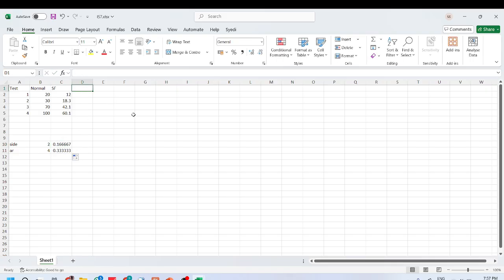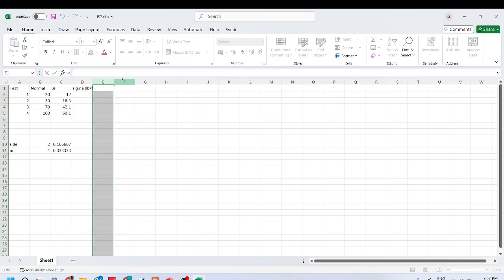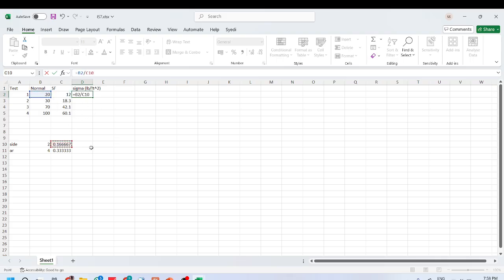Divide by area. So we will have normal force divided by area.